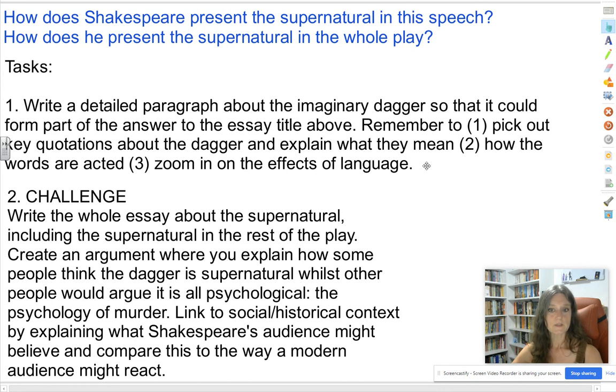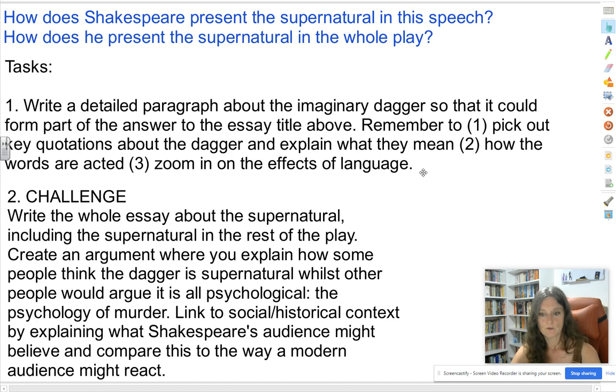What you need to remember to do is, one, pick out key quotations about the dagger and explain what they mean in the context of the play. Number two, you could write about how the words about the dagger are acted out, those embedded, implicit stage directions that Shakespeare skilfully puts in there so that the actor knows how to act.